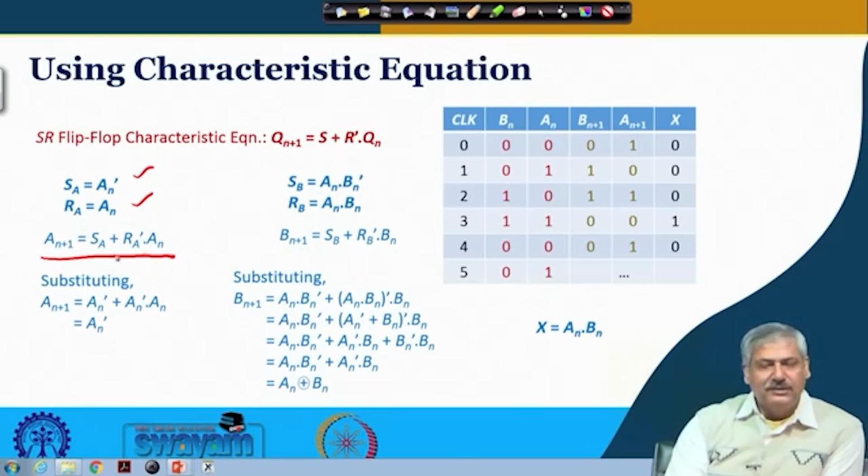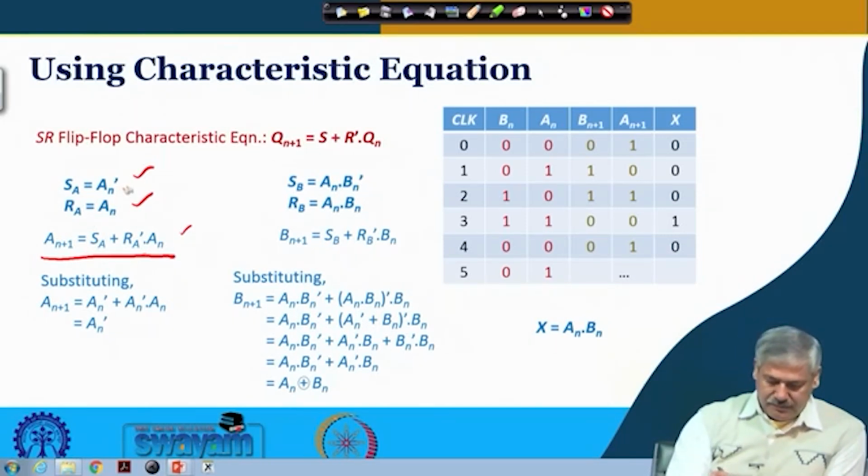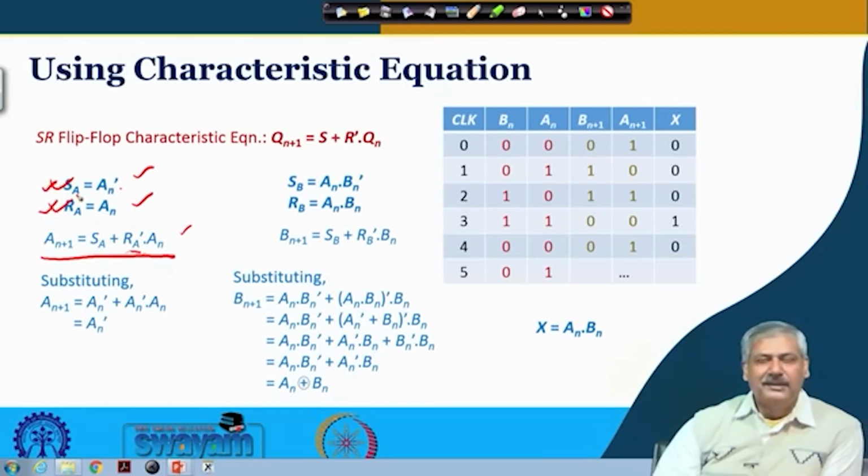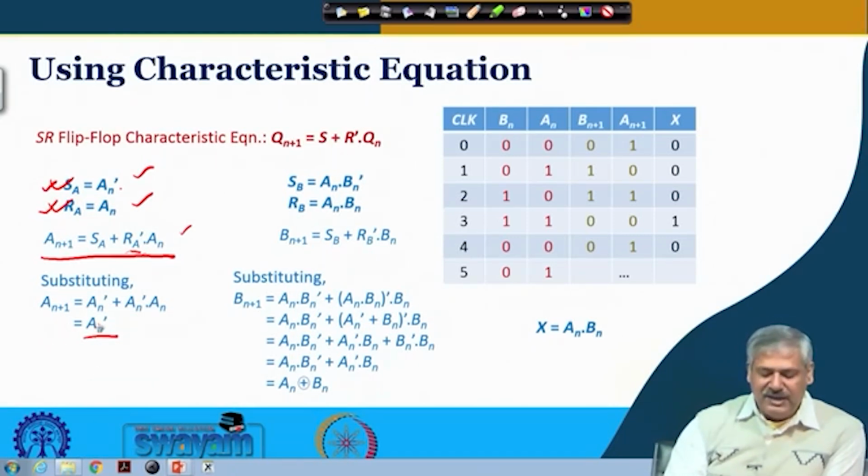So, A(n+1), we can write it in this manner: SA plus RA prime An. And when we substitute SA from here and RA from there, and we just simplify, we see that A(n+1) is An bar, An prime.